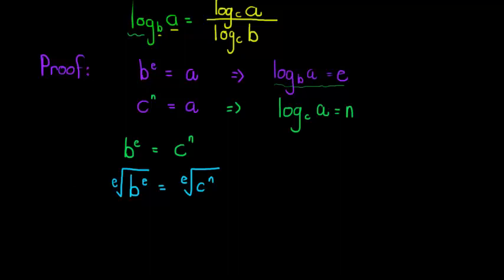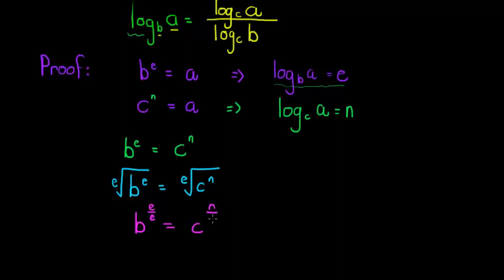So what I get here is that b to the power of e divided by e is equal to c to the power of e over n. No, I lie. n over e.